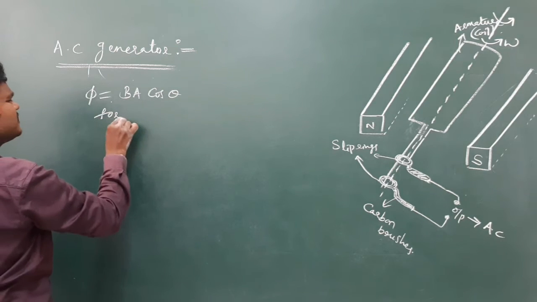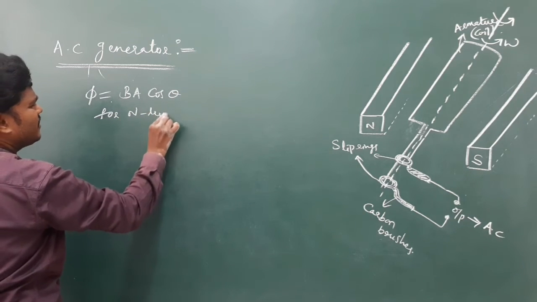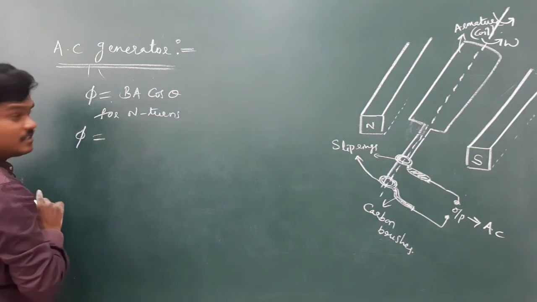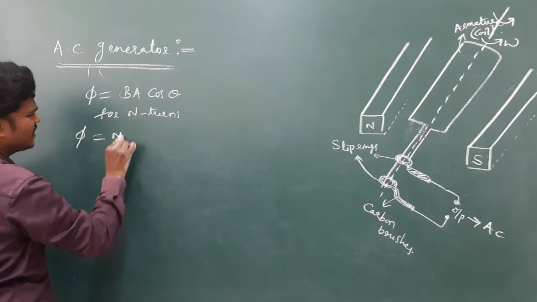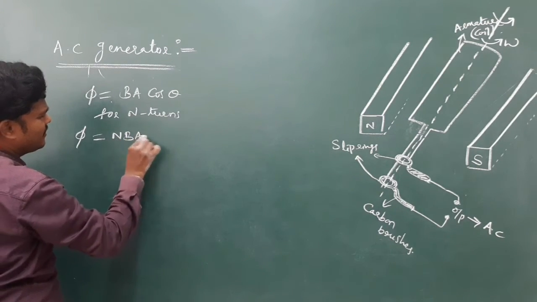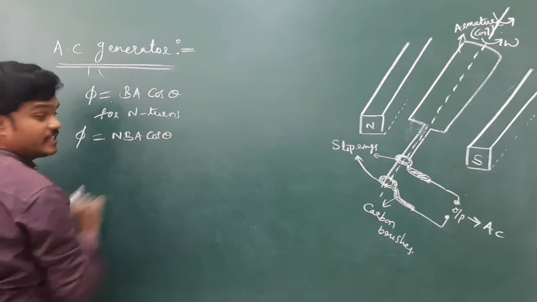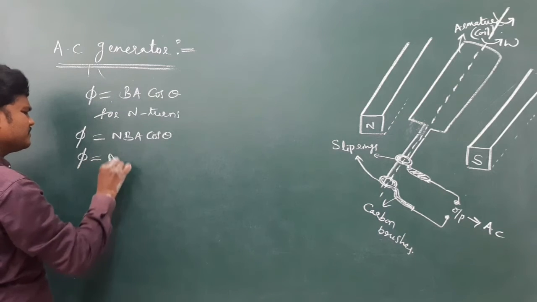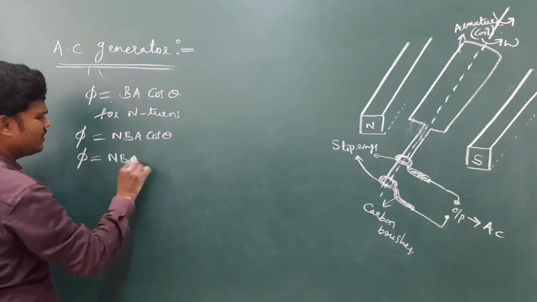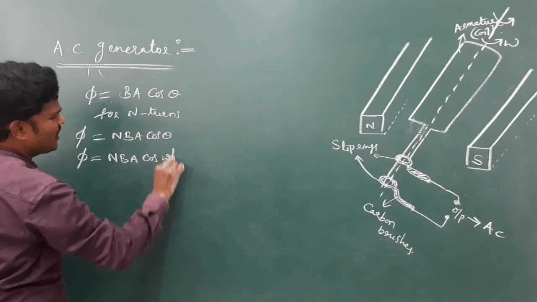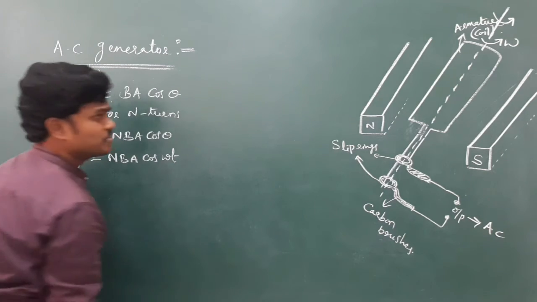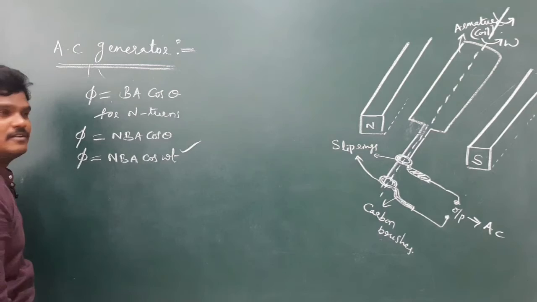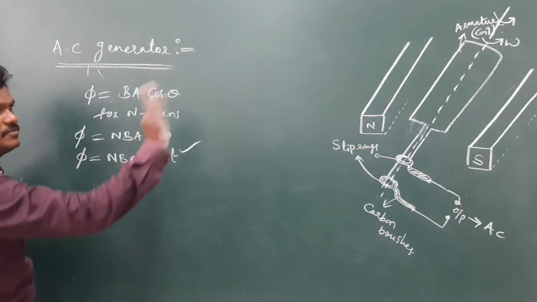For n number of turns, the flux linked is n B A cos theta. Theta we can write as omega t, because omega is equal to theta by t, so NBA cos of omega t. Now this is the flux linked with the coil because of the rotation.